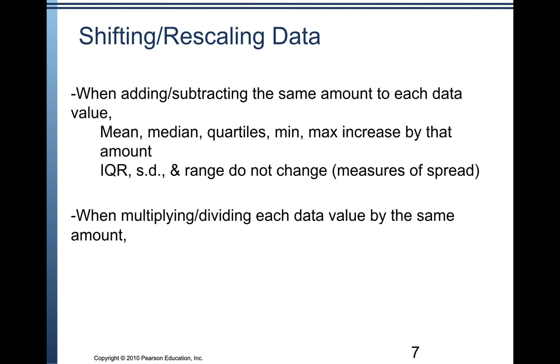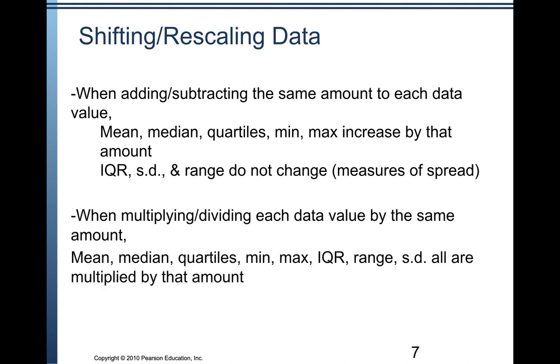So when we do that, everything increases by that amount. If I increase everyone's cell phone bill by 10%, that means the mean, the median, the quartiles, all of that is going to increase by 10%. But in addition, your measures of spread are also going to increase.